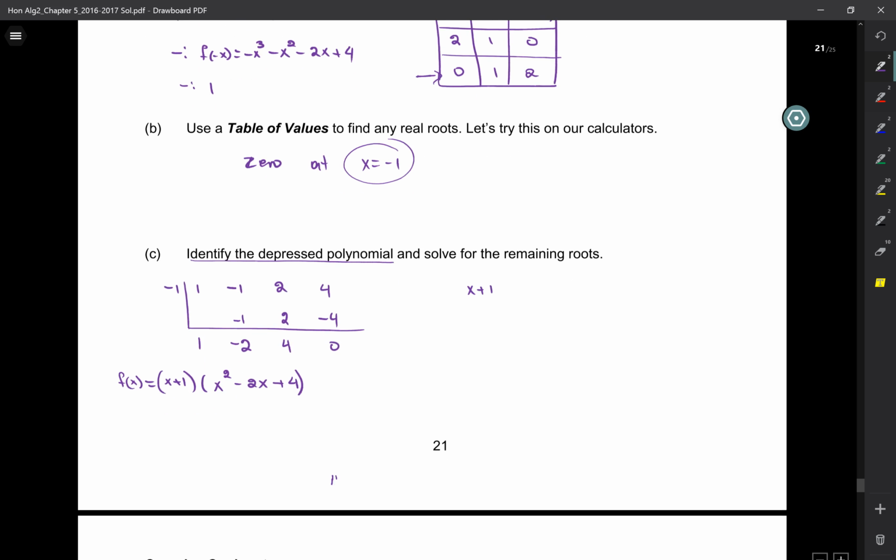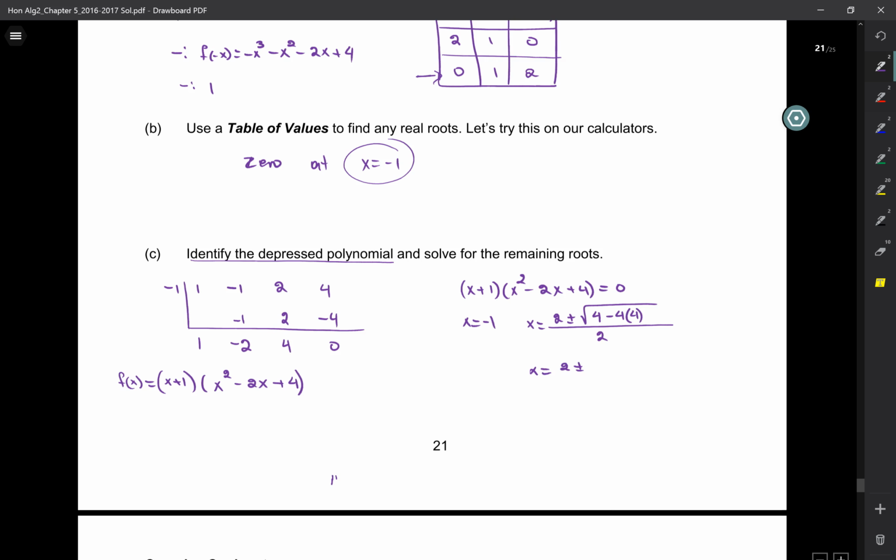All right, so how do I get the zeros? I have to set f of x equal to 0. The first one I already know gives me x equals minus 1. Can I factor the other? No. I already know it's going to be imaginary, so I don't even look at the whole factoring possibility. So let's use the quadratic formula. Negative b plus or minus the square root of b squared minus 4 times a times c, all over 2a.